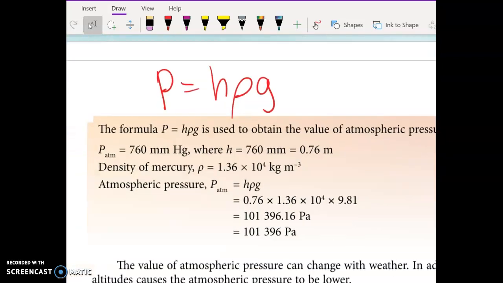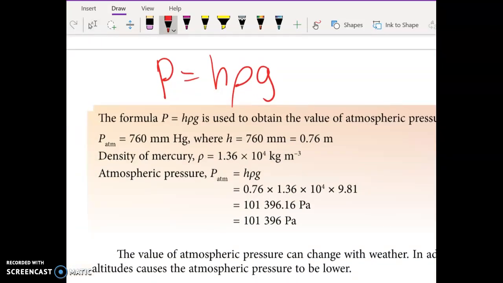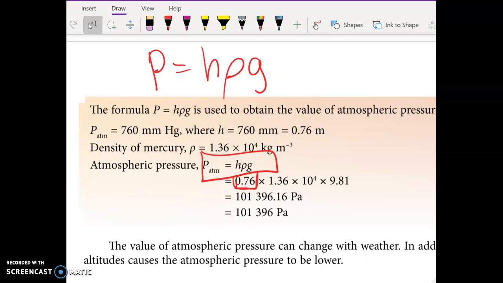If you want to find the value in Pascal, atmospheric pressure is h, the height, which is 0.76. Just now when you measured, you obtained a height of 760 mm, so you have to convert to meter.